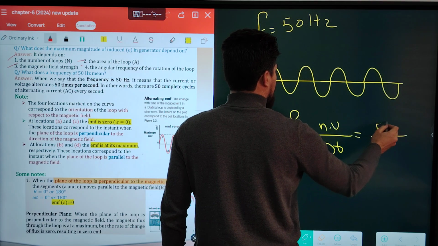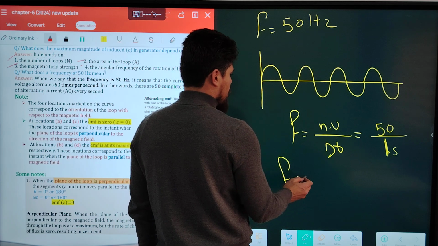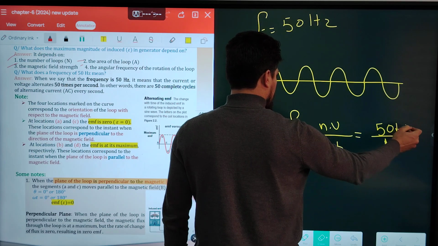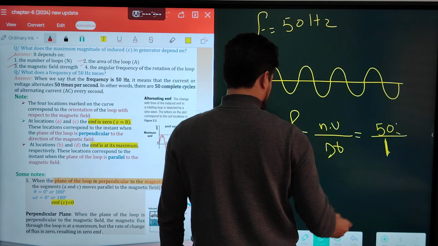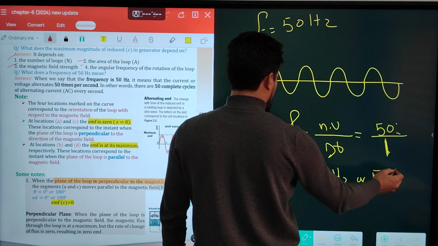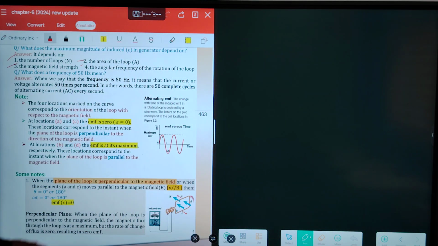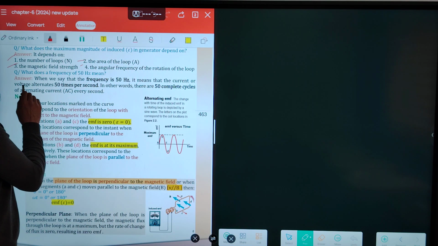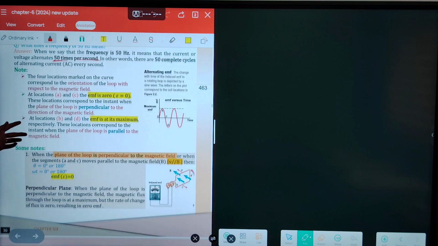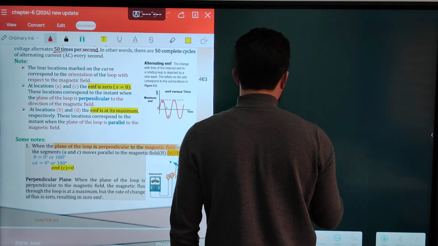If the current oscillates 50 times per second, the frequency is 50 hertz, or 50 per second. So when we say the frequency is 50, the current or voltage alternates 50 times per second. The 4 locations here, as indicated in this figure, we studied.